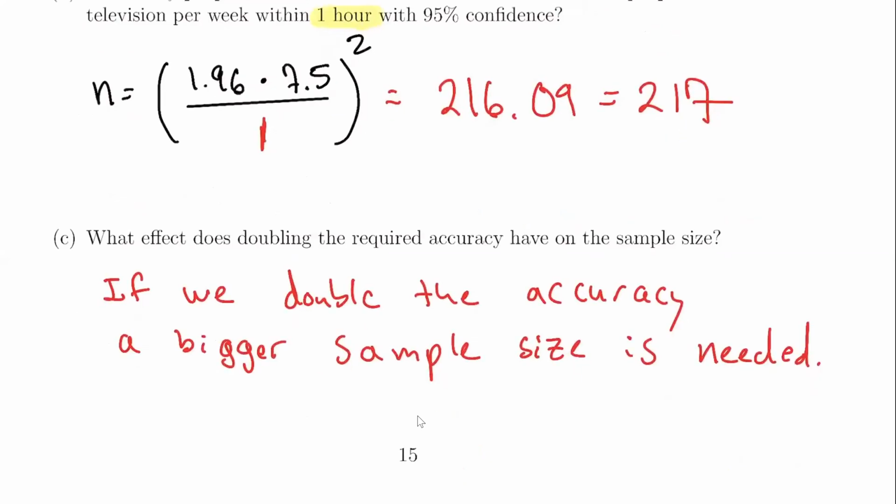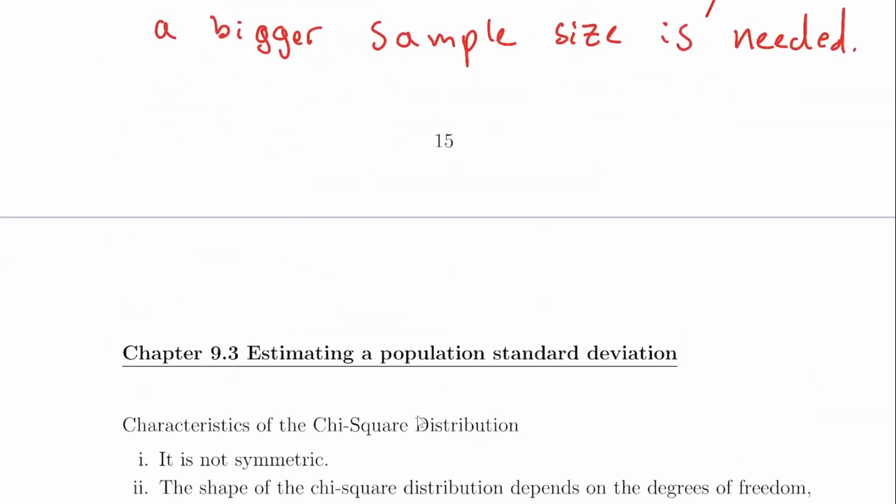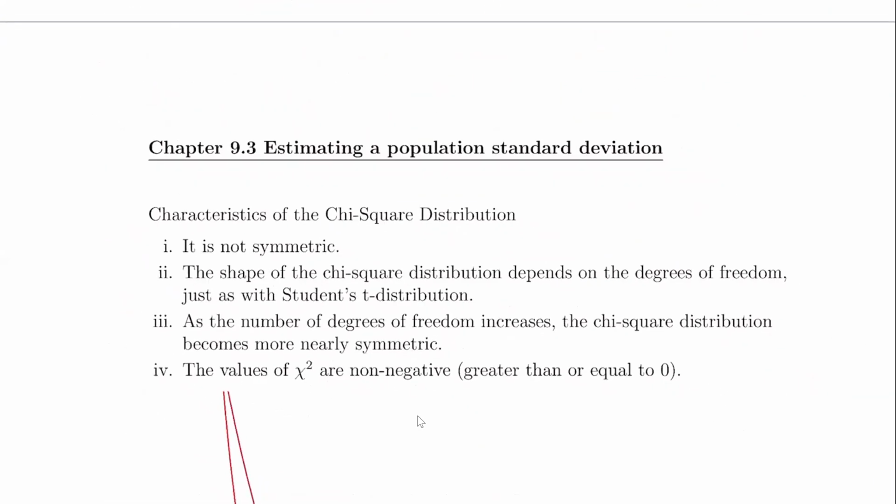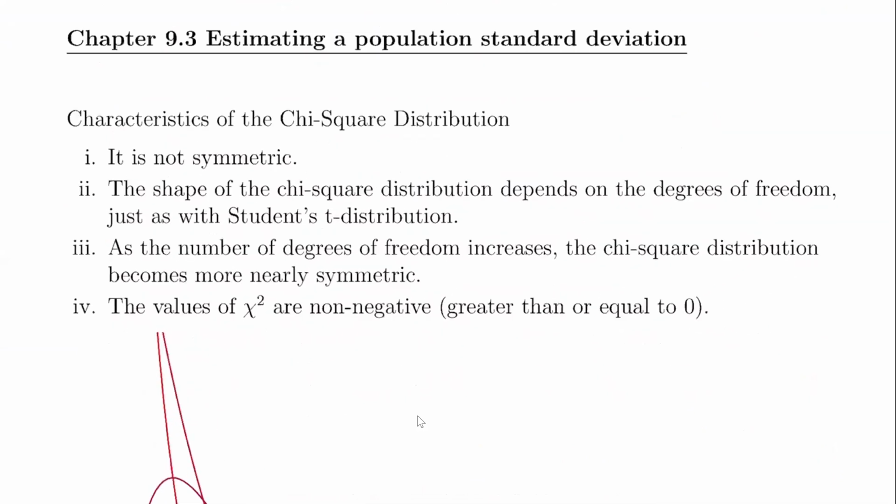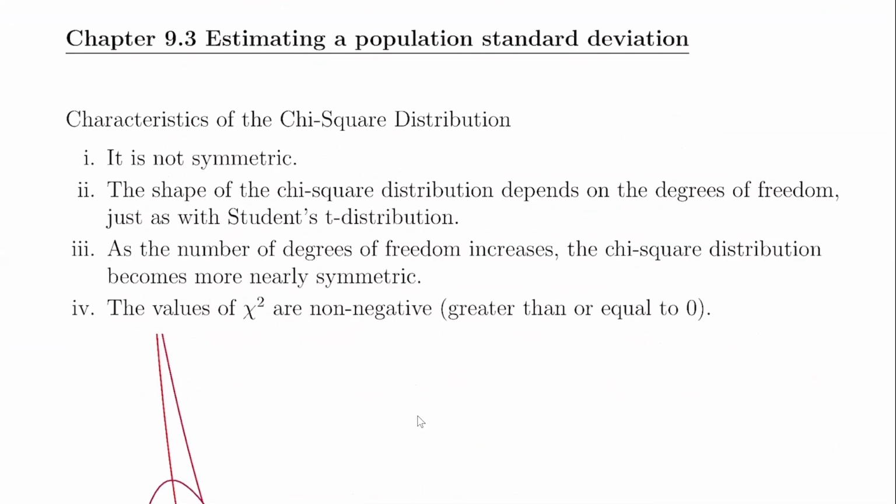All right, let's scroll on down, and this should be chapter 9.3. For 9.3, we're going to do the last confidence interval, the confidence interval for standard deviation. For this one, you're going to need the other table. If you remember, on Canvas I put two tables.